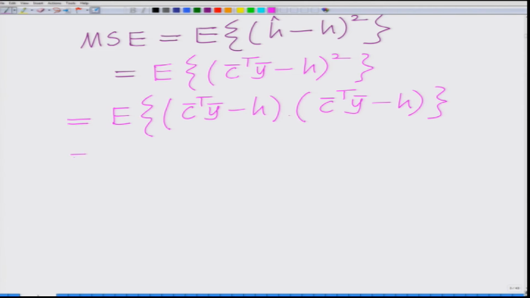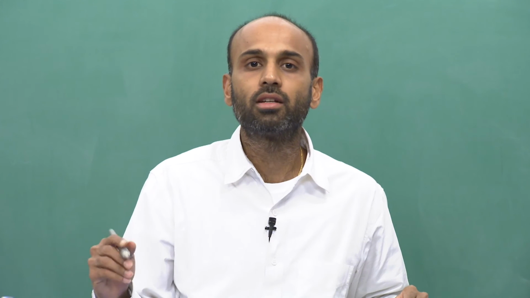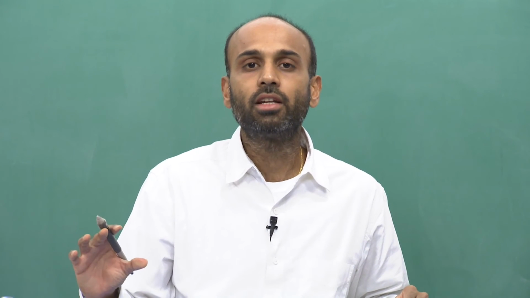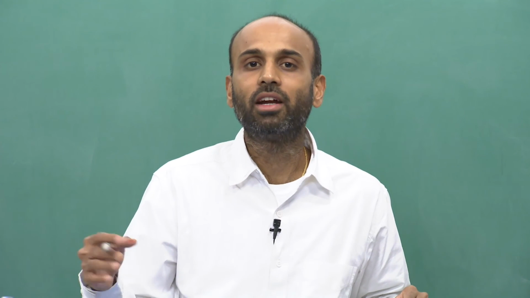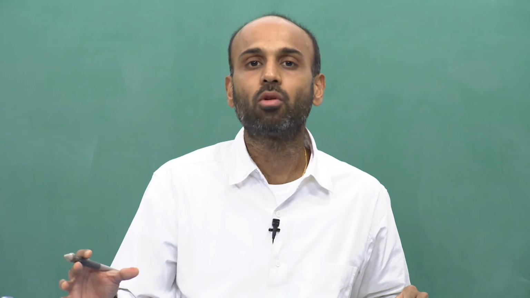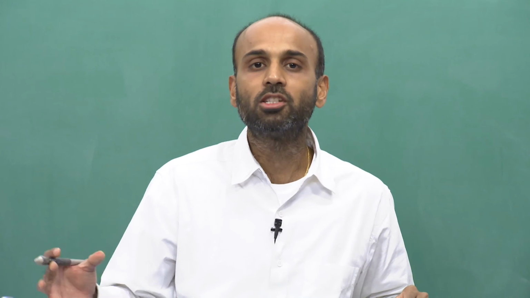So, the square is simply the quantity times itself, and now I am going to use a property: since C bar transpose y bar minus H is a scalar quantity, that is, a number, it is equal to the transpose of itself.